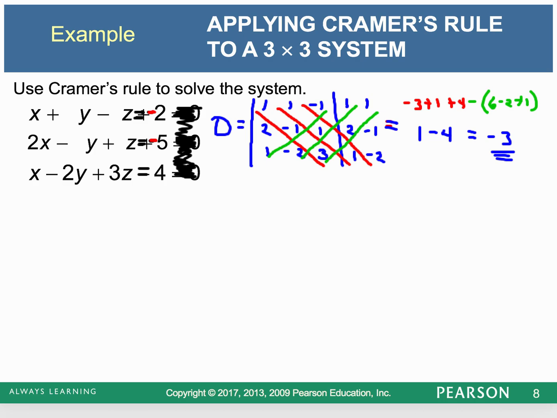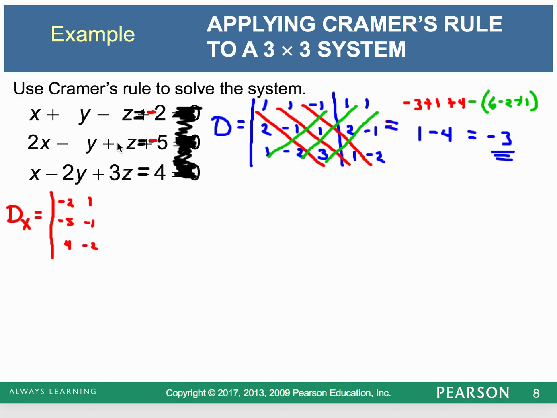Now I have to find D sub x. D sub x is going to be found by replacing the x coefficients with the answers. So -2, -5, 4. The y's and z's stay the same. So 1, -1, -2.